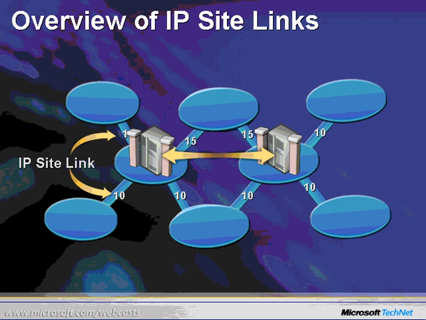So the key here is if there are multiple paths between these two servers, so here I've got one server and here I've got the other server, if there's two paths, it will try to take the lowest cost link if at all possible. But the thing to keep in mind here is that the hub transport won't always look at the cost of the link per se. It's going to try to deliver directly from one hub transport to another hub transport in a different site.